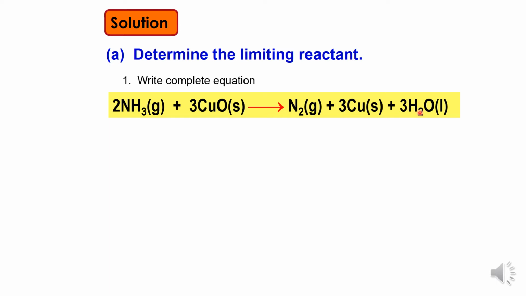This equation is already balanced. Before we proceed to the next step, please make sure the equation is balanced. Second step, calculate mole present of reactants A and B.